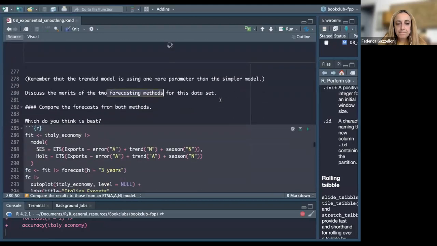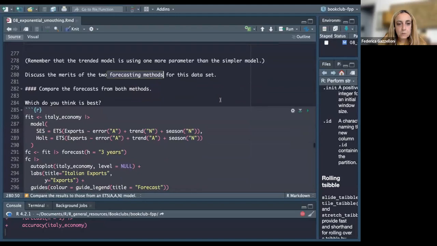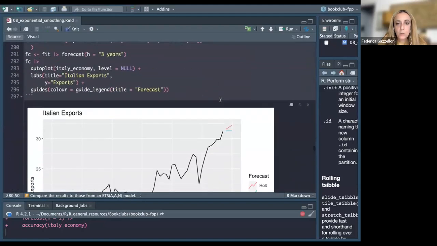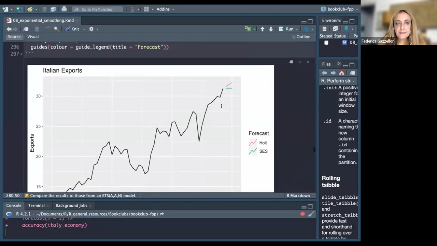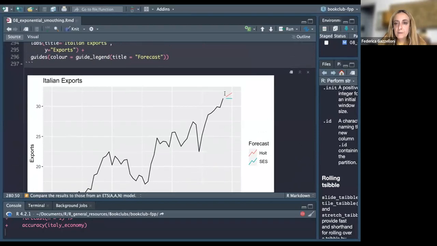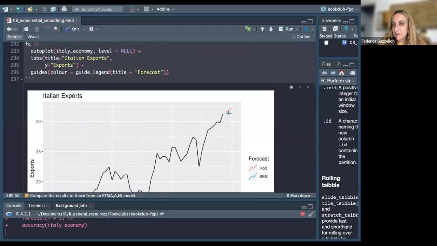In the meantime, we can see the plot. What are the results of the two methods? You can see that one is very optimistic and the other one is a bit steady. We explained last week the reason.